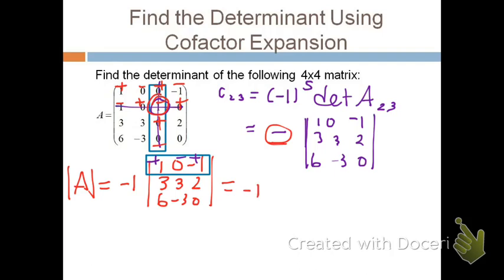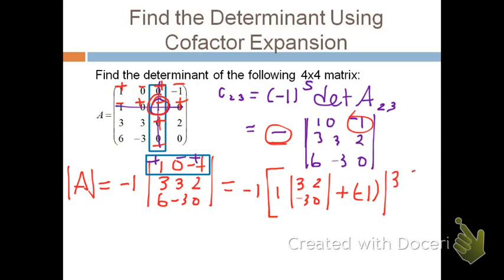The -1 on the outside times a +1 times, when we get rid of this row and this column, the determinant of 3, 2, -3, 0, plus, and that was originally a -1, times the determinant of 3, 3, 6, -3.